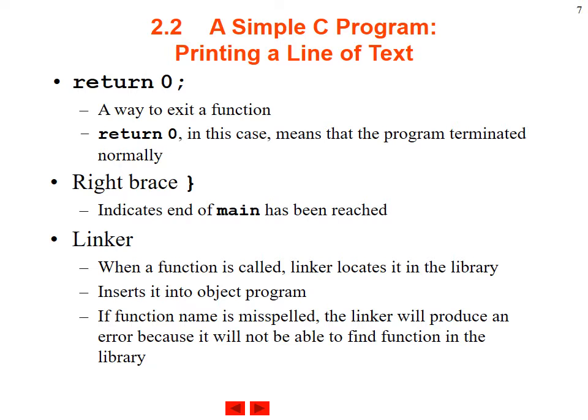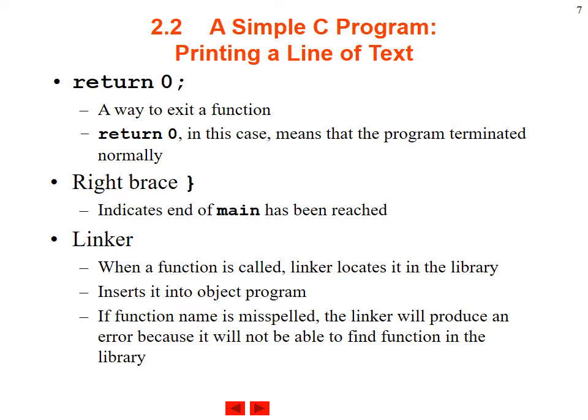That means the printf is made available due to the use of the linker. So when you put your printf, the linker will look for that printf in our stdio header file, then it inserts it in the object program.